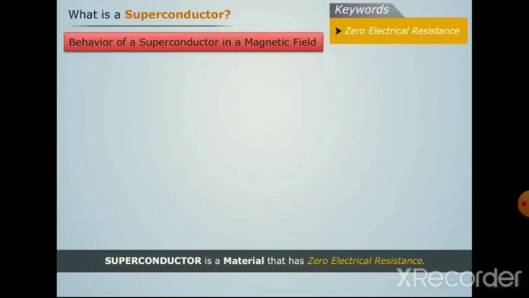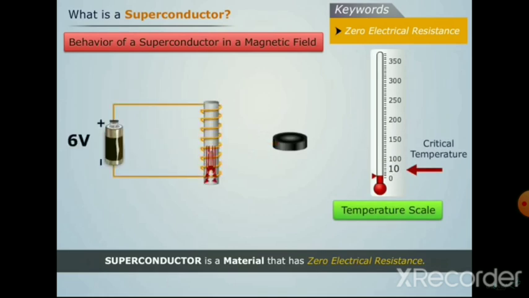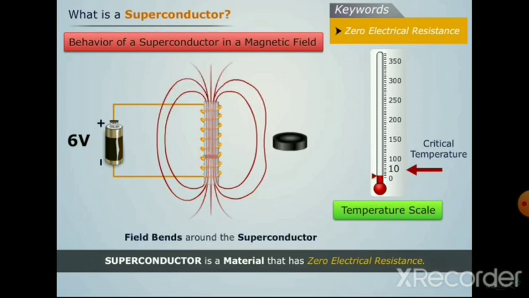Let us now analyze the behavior of a superconductor when placed in a magnetic field. When we place a superconductor in the magnetic field, we see that the magnetic field bends around the superconductor as it is not able to pass through it. Thus, the superconductor behaves like a perfect diamagnetic material.